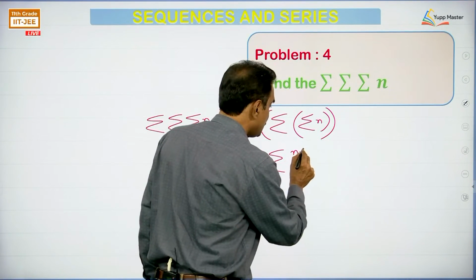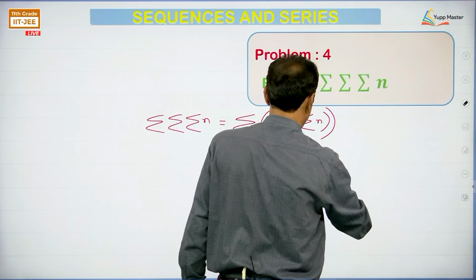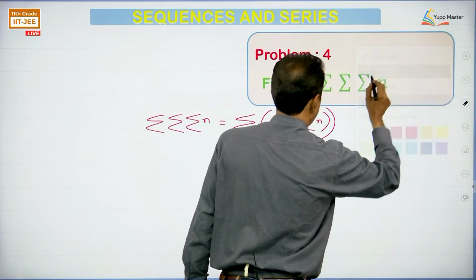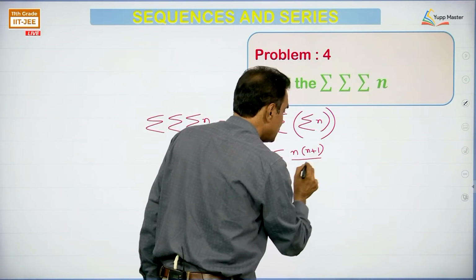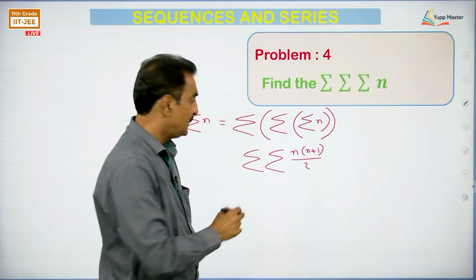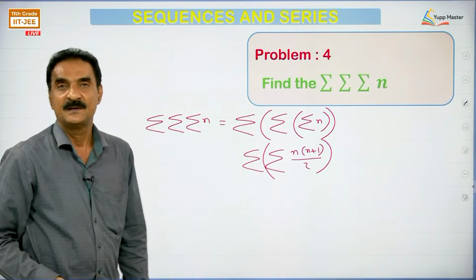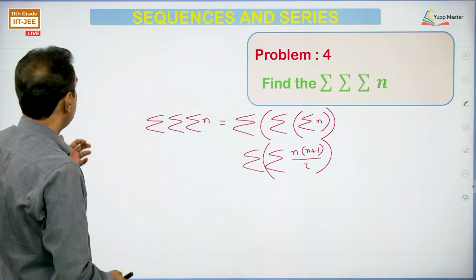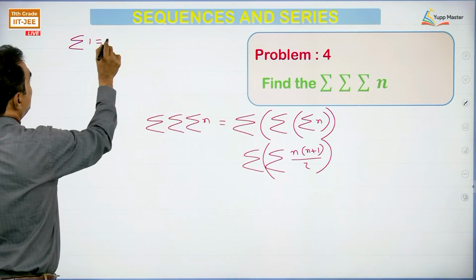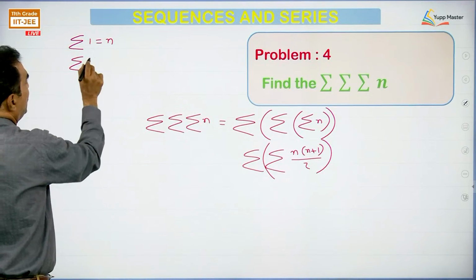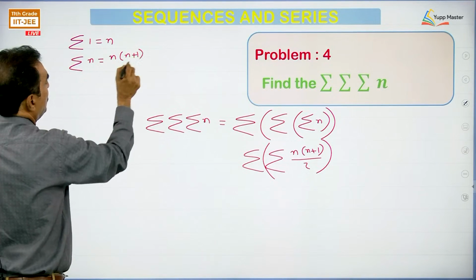So, substitute the formula n into n plus 1 by 2. Alright. Now, write it like this. And in the previous class, we have discussed some important results. Sigma 1 is n. Sigma n is n into n plus 1 by 2.